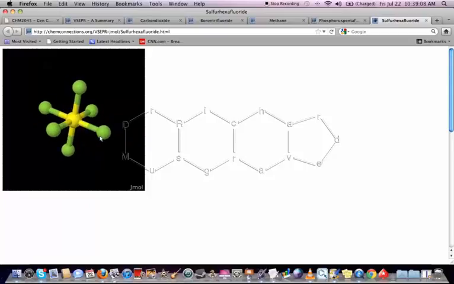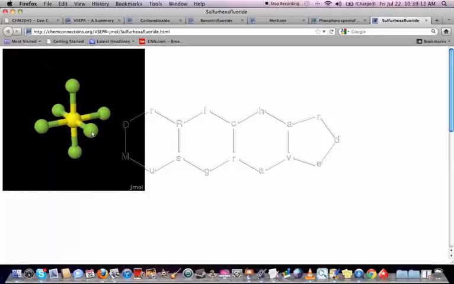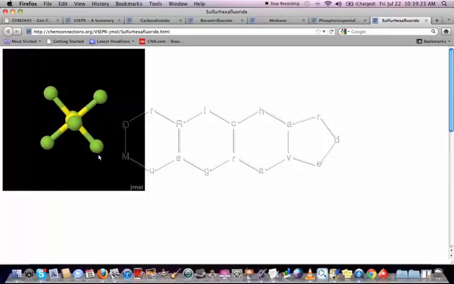And again, if you've got 6 things around a central atom and you want them to be as far apart from each other as they possibly can be, this would be the arrangement that you would use. Now what I want to point out here is that all the bond angles are going to be 90 degrees. Because if you look here, what you've got is a square.